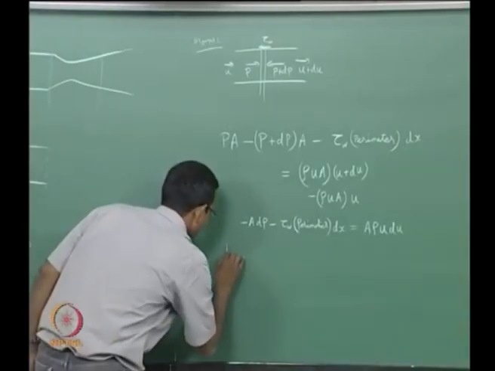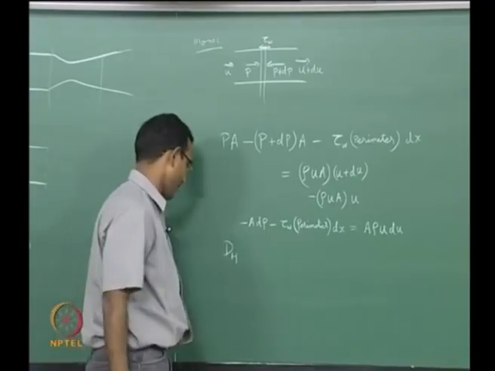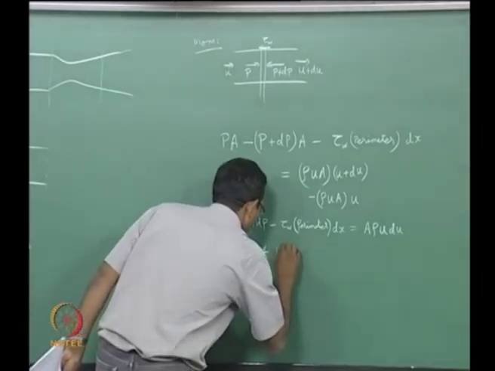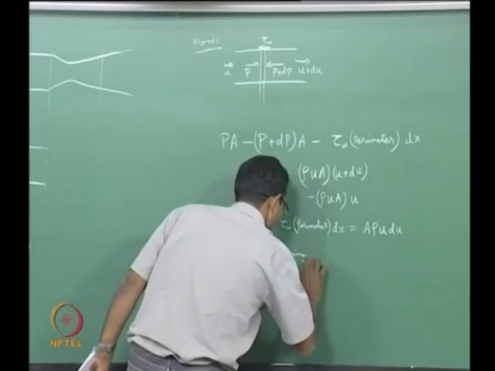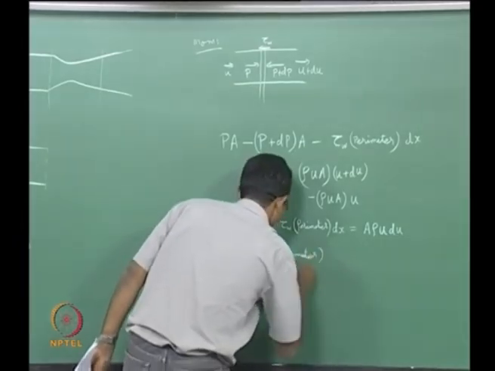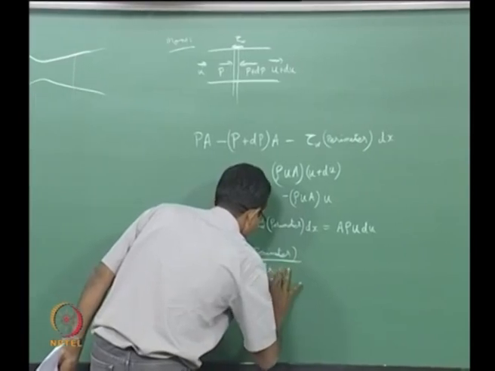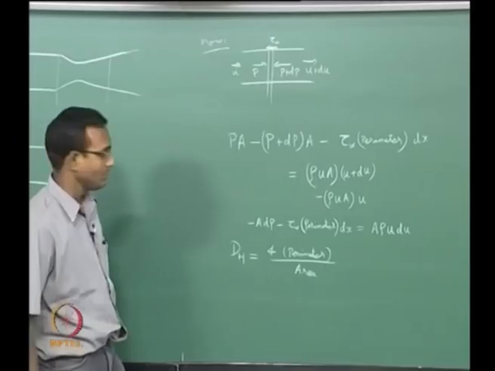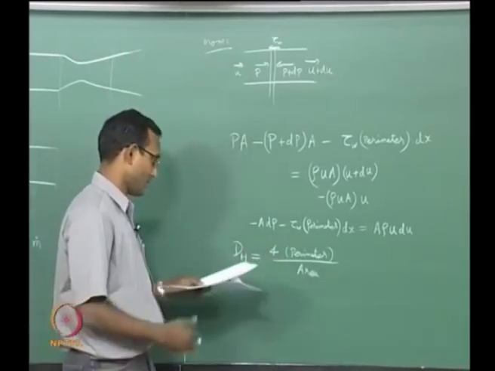We will define something called a hydraulic diameter, which is defined as 4 times perimeter divided by area. When I say area, it is the cross section area available for the flow. 4 times perimeter by cross section area, that is what I am going to have.